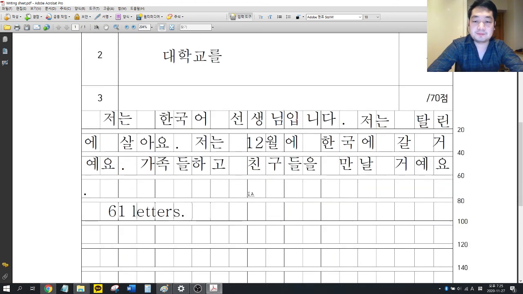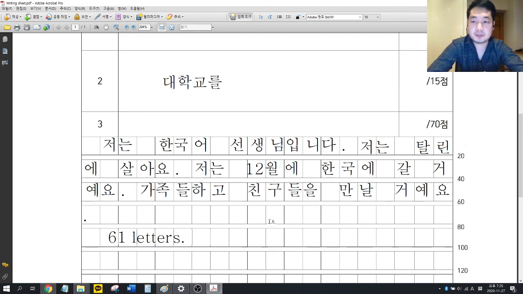Also I want to tell you that please don't give up in the exam. If you write something, I can give you some points, but if you don't write anything at all, then I cannot give you any points. Please write something. And also in the speaking part, we will do it through Zoom. Even if you're not sure, please say something.